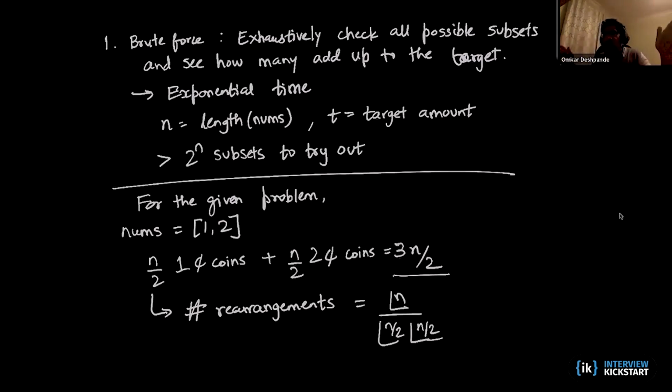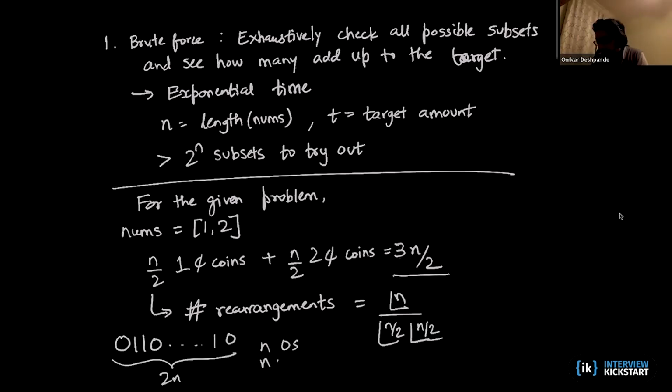So there's a bit string of zeros and ones of length 2n. n of them are 0, so there are n zeros and n ones. How many different permutations are possible of this bit string?